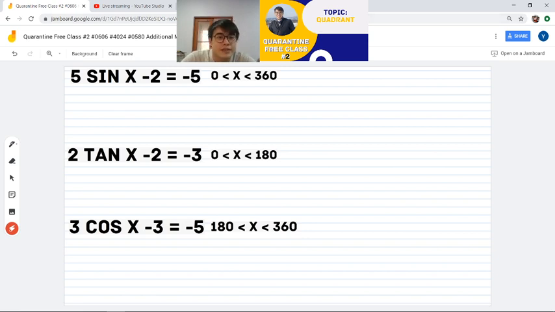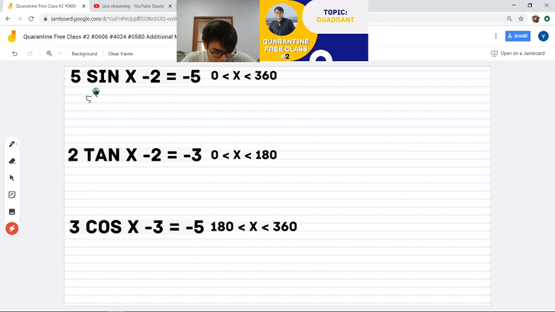All right, then these last three questions basically sum up the hardest your question can get. Okay, so let's go through the first question here by getting rid of the negative 2 first.